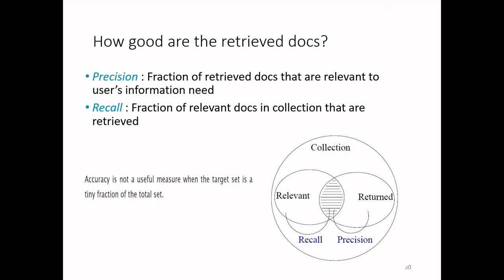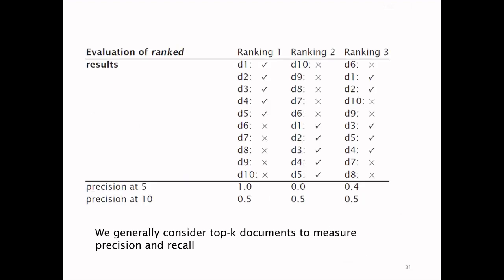All right. So these two measures are commonly used not only for information retrieval, but a lot of times people also use them for displaying how good a classification model is.